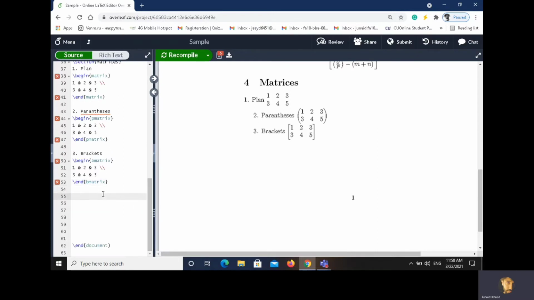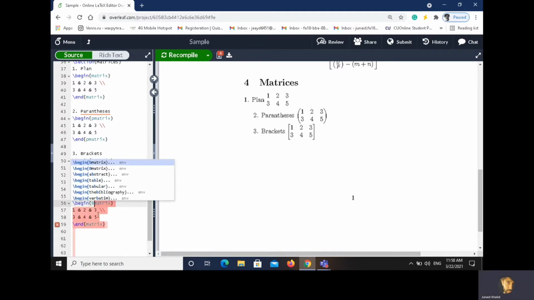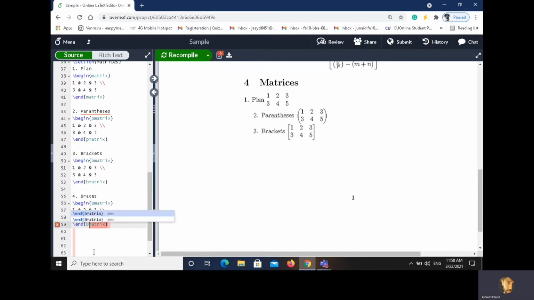Now number 4 will be braces, and it will be placed as capital B, and here capital B. Compile. So here it is, braces matrix.